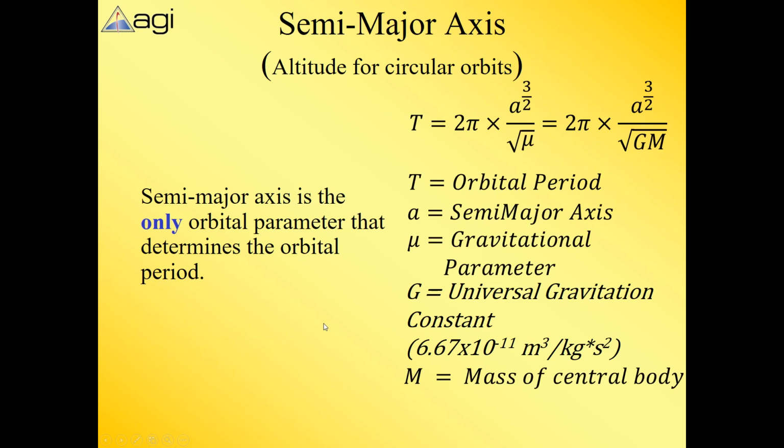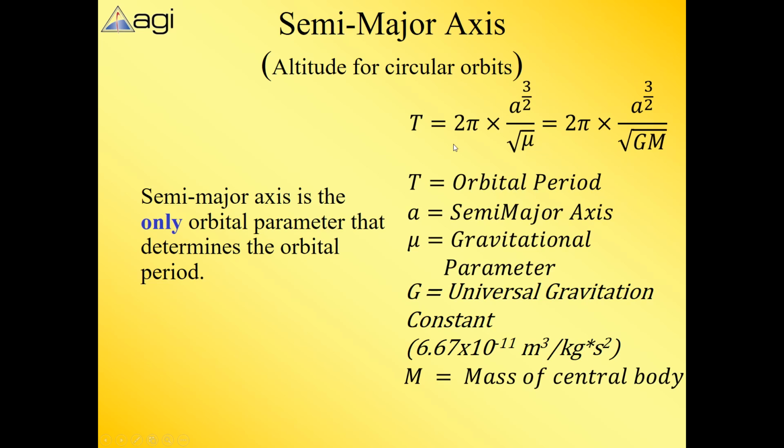This looks scary, but this is Newton's version of Kepler's third law with one tweak. They use the Greek letter mu to represent the product of capital G times the mass of the central body. That's their only tweak.